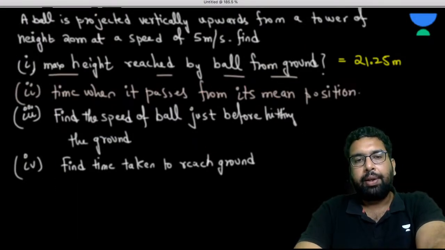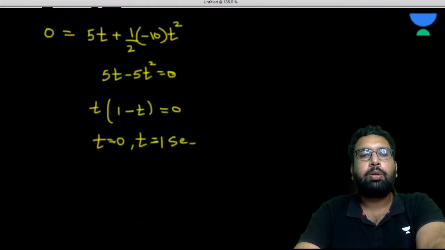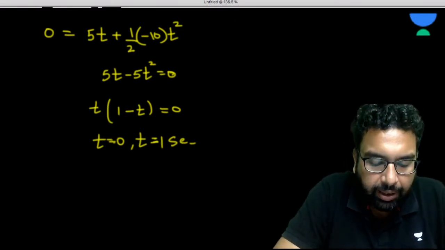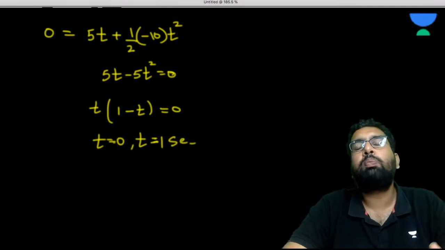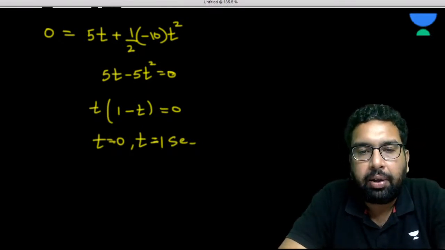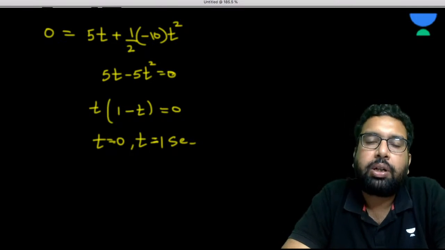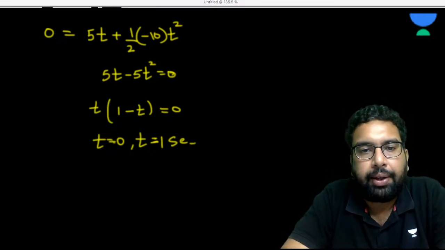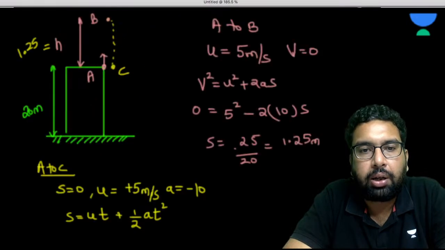Now let's come to the third part. So 0 second is what? The answer shall be 1 second. 0 second is the time when the motion has just started. The position when motion is started, that is t is equal to 0. Right. Now let's move to the third part.